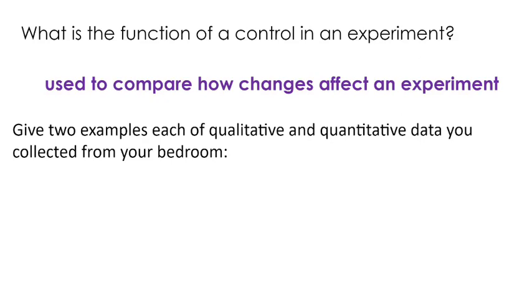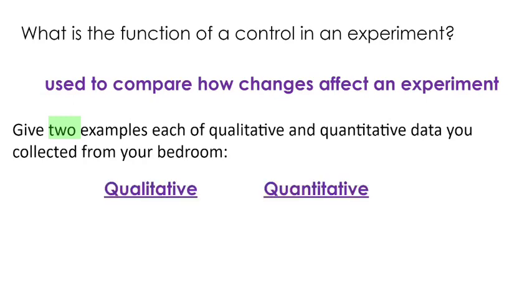Now, this last question that we're going to end on, we started by talking about qualitative and quantitative data, and I want you to go ahead and find 2 examples of each type of data just in the room around you. It could be your bedroom, it could be your kitchen, I don't really care where it is, but I want you to be looking around you right now when you're finishing this up. Look at those definitions for qualitative and quantitative at the top of your page, and you might make like a T-chart, like qualitative, list 2 things underneath it.